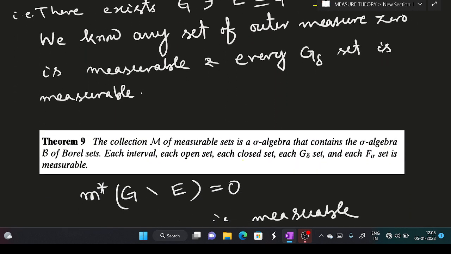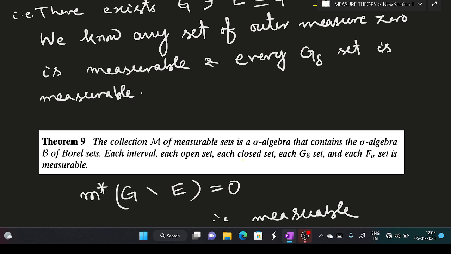It is presented here: the collection M of measurable sets is a sigma algebra that contains the sigma algebra of Borel sets. That's why each interval, each open set, each closed set, G delta set and F sigma set is measurable. G delta set is a set obtained from the countable intersection of open sets. F sigma is a set obtained from the countable union of closed sets.